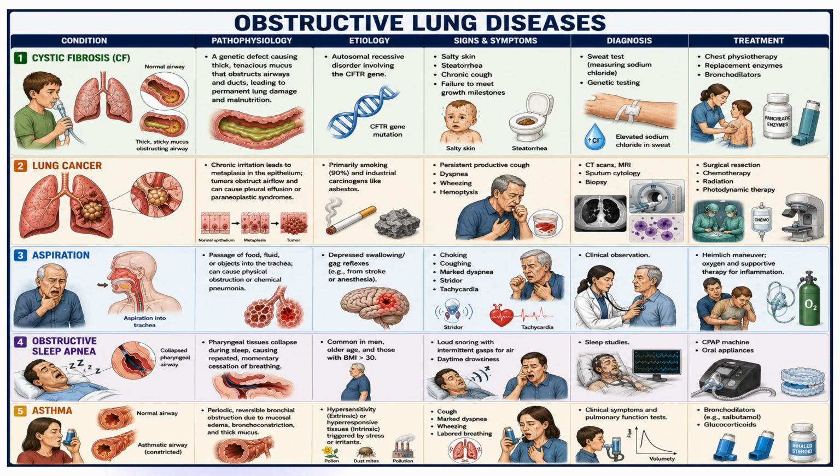Obstructive sleep apnea. The pathophysiology of that is that the pharyngeal tissues collapse during sleep, causing repeated momentary cessation of breathing. So they have apnea while they're sleeping. Okay, and it's common in men, older age, and those with a BMI greater than 30. Signs and symptoms are loud snoring with intermittent gasps for air and daytime drowsiness. So it's difficult to detect because when you're sleeping, you're not monitoring your symptoms, right?